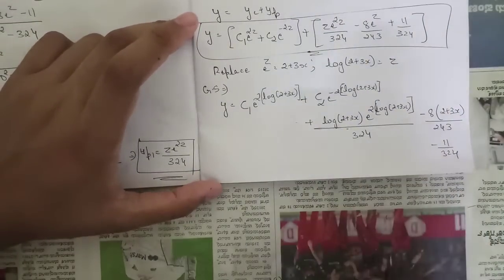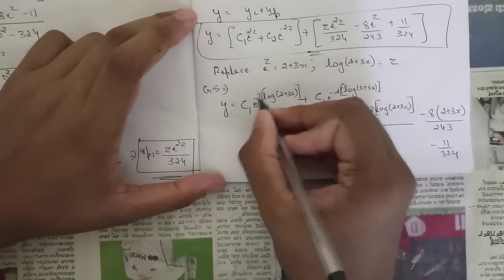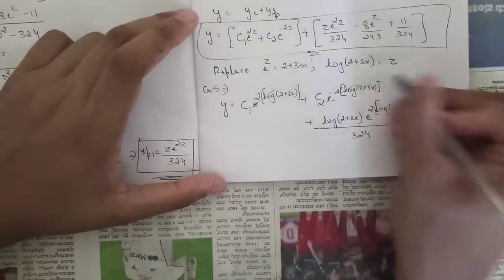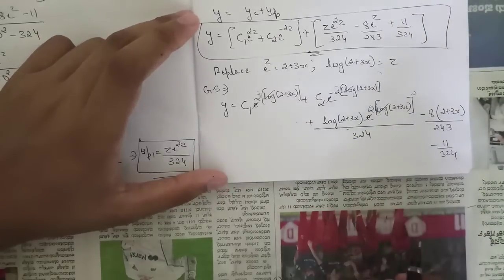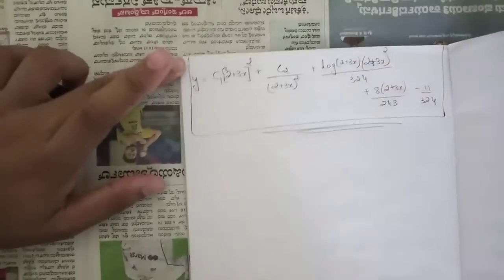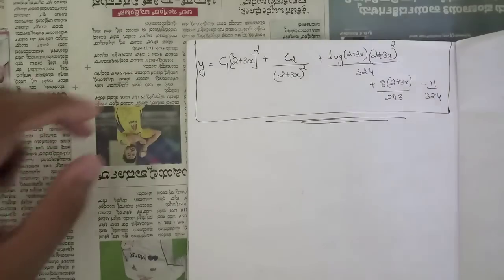Now let's cancel some of the terms. If we bring this 2 up here as a square, e and log get cancelled. Here again e and log get cancelled, and this minus 2 goes up. So this is your required answer after simplifying a few terms.